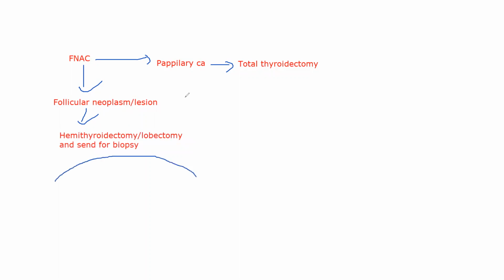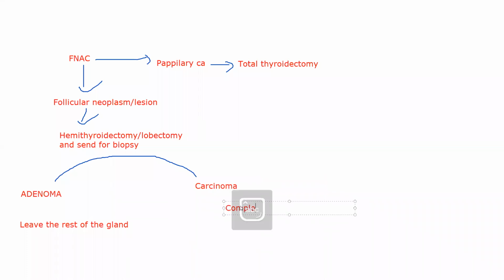If the biopsy comes back as an adenoma, that means there is no capsulovascular invasion, then we can leave the rest of the thyroid gland. If it comes back as a carcinoma, we have to go ahead with a completion thyroidectomy.